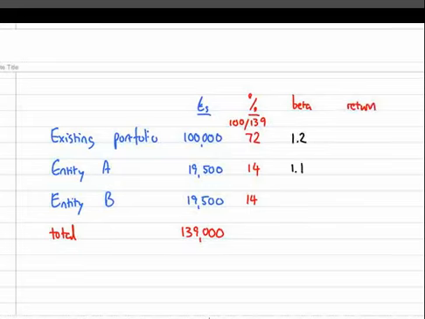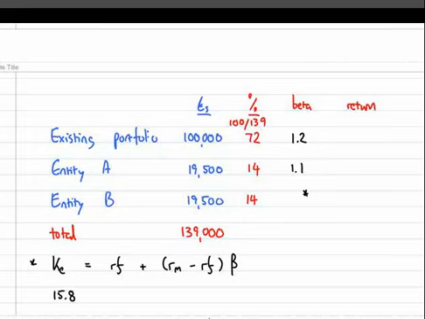The beta factor is given for the existing portfolio and it's given for entity A, and actually we can calculate it for entity B because using the capital asset pricing model we know that the return that's being delivered is 15.8, and with a risk-free rate of 5 and an expected return of 11, so 11 minus 5 gives me 6, then I can work out the beta factor as the balancing figure.